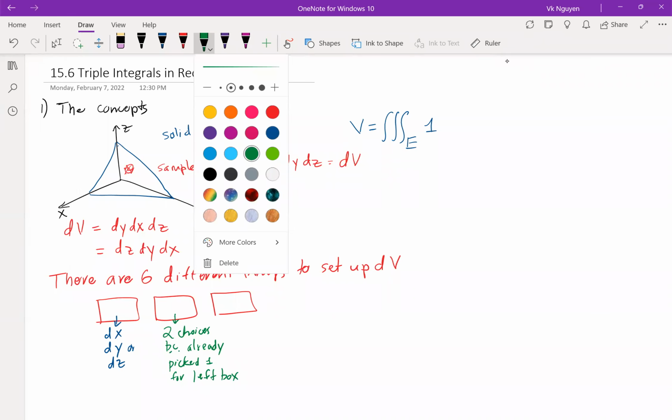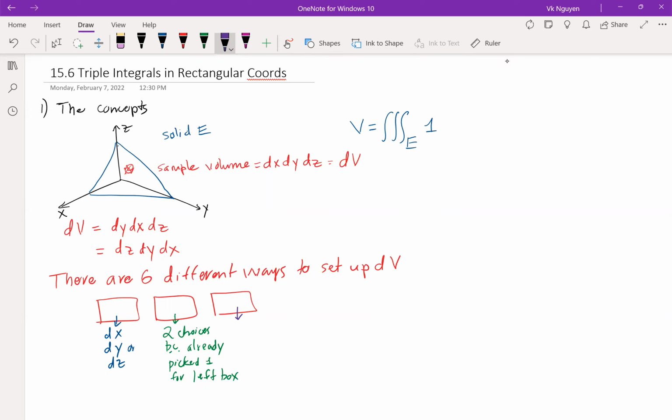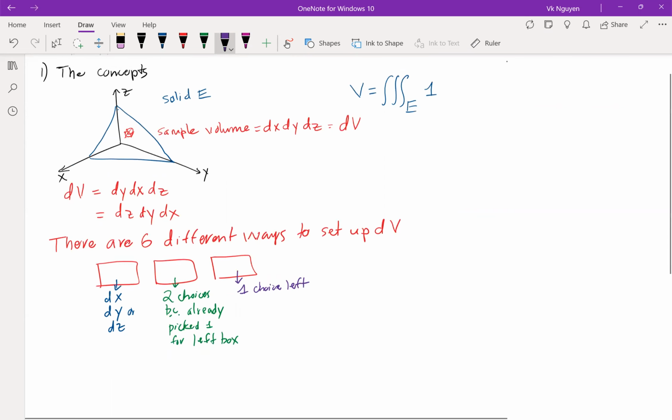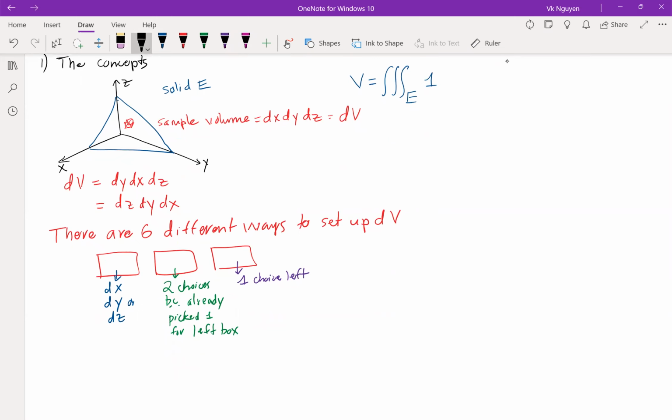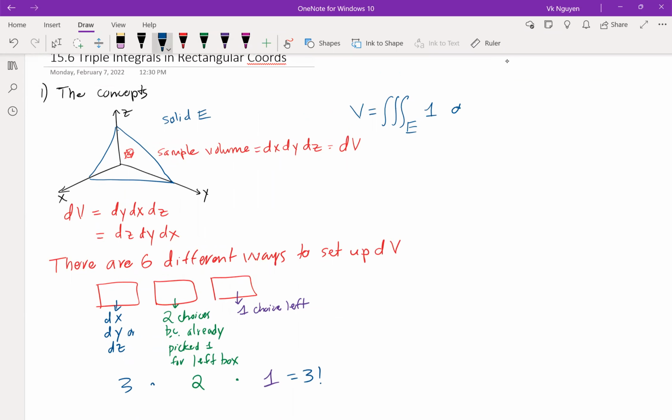And for the next one, you have only 1 choice left. So it's 3 times 2 times 1, which a lot of people would see as 3 factorial. That's dV right here.